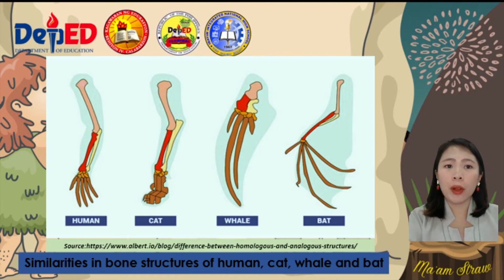For example, the forelimbs of human and cat have different functions, but they have similar skeletal structure. The forelimbs of whale and bats also have different functions, but they have similar bone structures. These similarities may have been caused by their common ancestry.